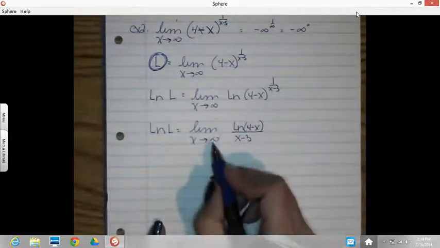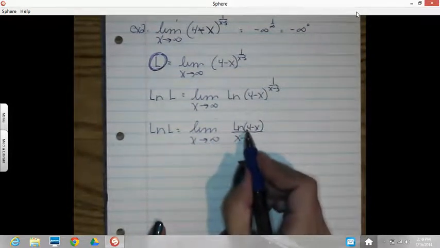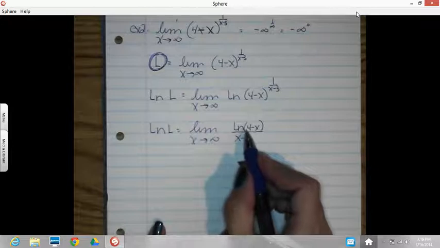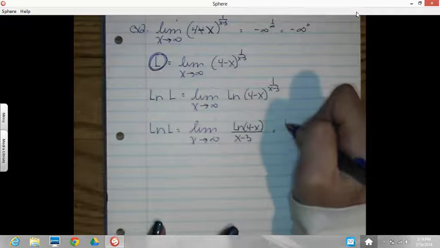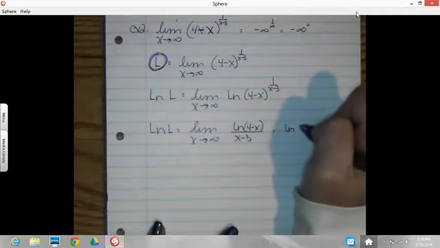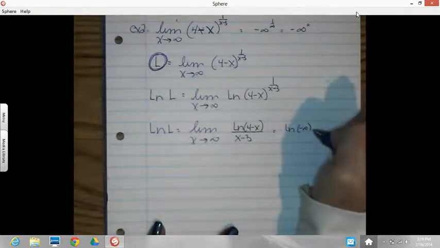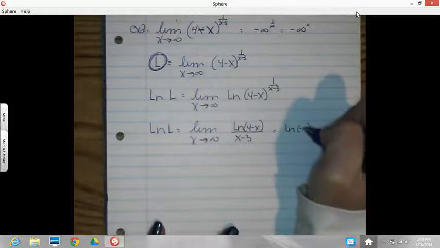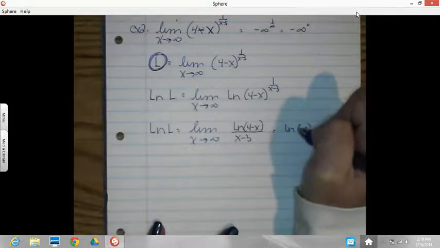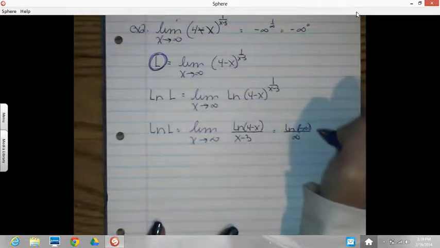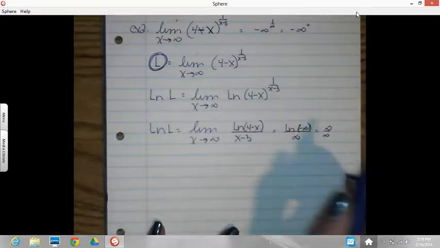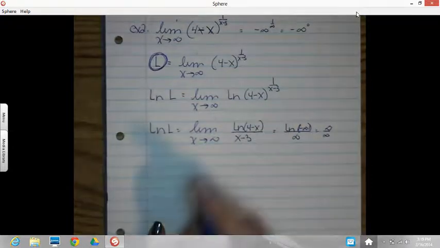So now when I put the infinity in, the natural log of negative infinity. Oh, I need absolute value bars. It's got to be infinity over infinity minus 3, which is still infinity. Infinity over infinity anyway. So now we can do L'Hopital's rule.